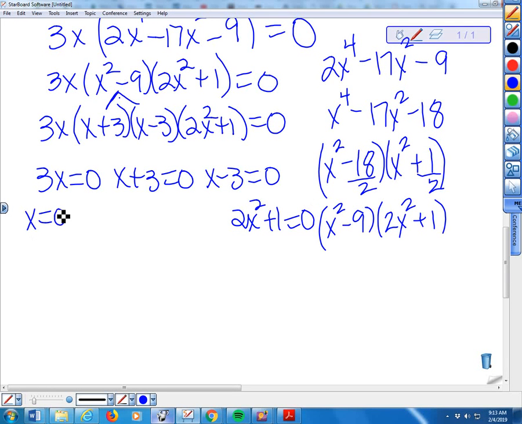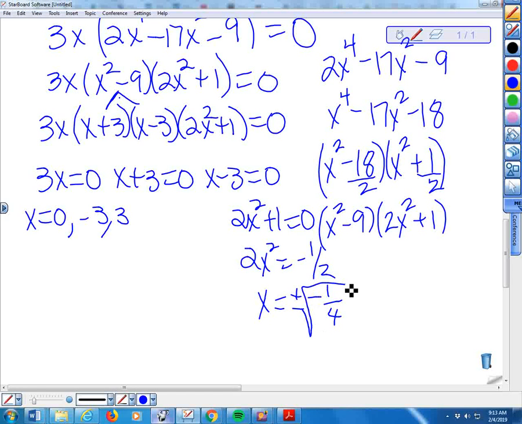To solve this one, x is negative 3, positive 3, and then to solve this, I subtract 1, negative 1/2. Square root of that, negative 1, plus or minus, so it's going to be imaginary. So it's going to be plus or minus 1/2 i, the square root of 1/4 is 1/2. Plus or minus 1/2 i.